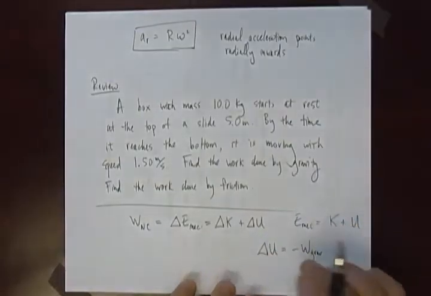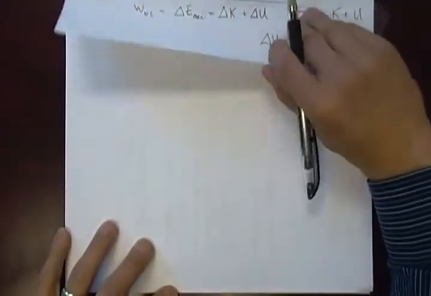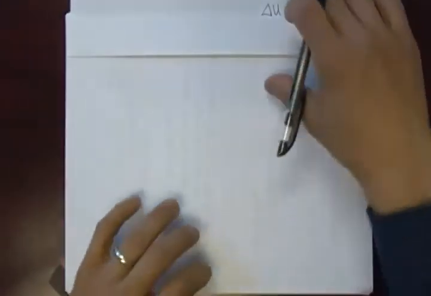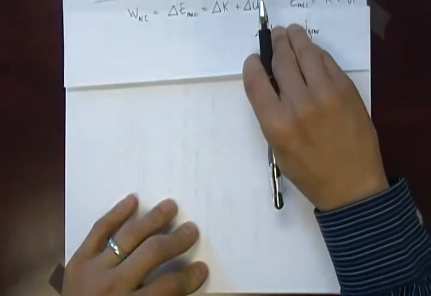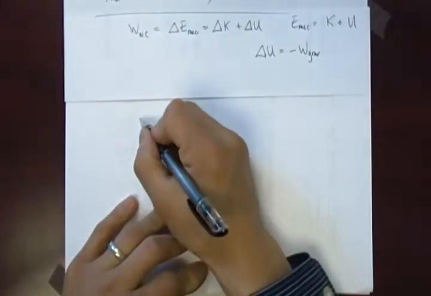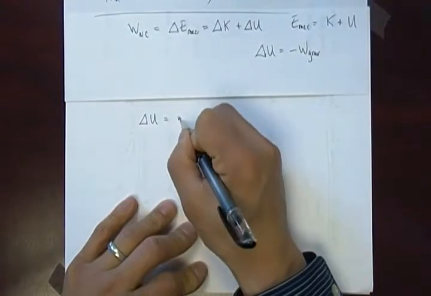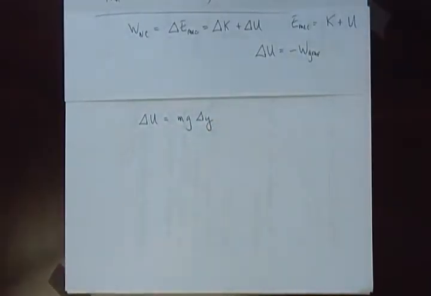So in order to get the work done by gravity, we can simply calculate delta U, and that's a formula that's pretty straightforward, so maybe this way of doing it is a tad easier. Delta U is equal to m times g times the change in the vertical height.